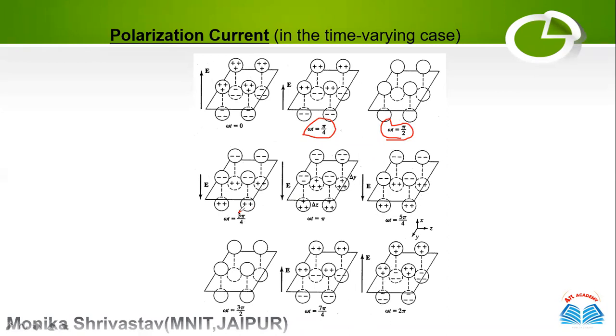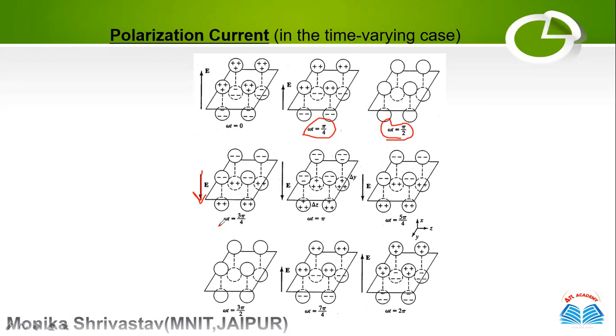Now I am changing the direction of the applied electric field. Now it is in this direction, downward, meaning the negative y-axis. So obviously one phenomenon will occur: the negative charges will come to the upside and the positive charges will go to the downside.